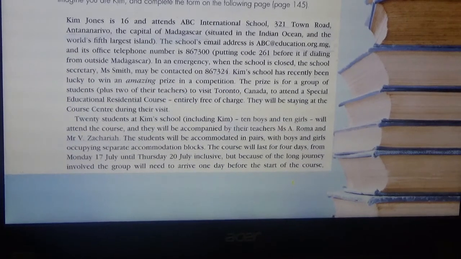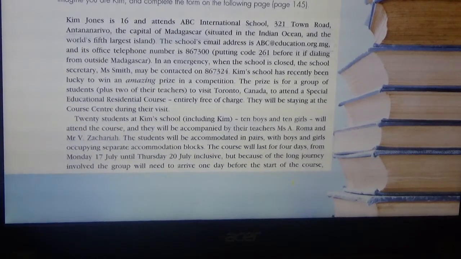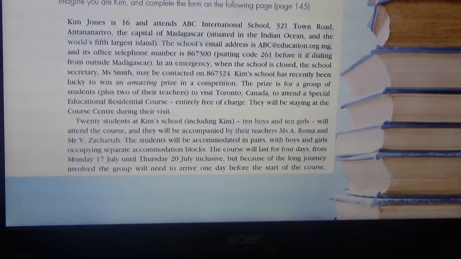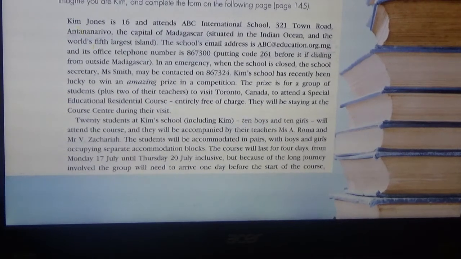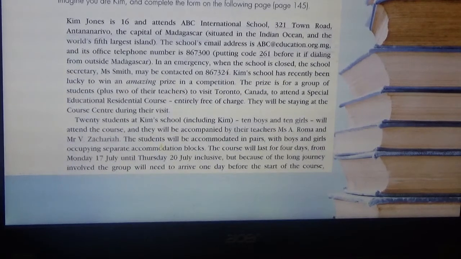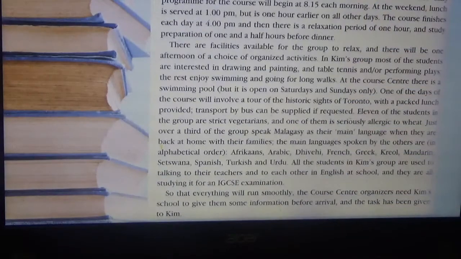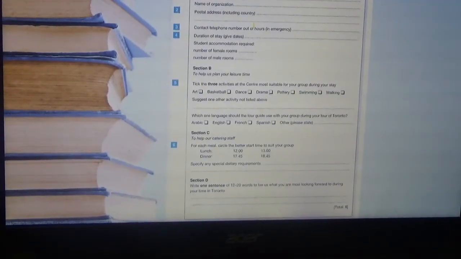Now, in answering the questions in exercise 3, you will be told to read the instructions also. Read the form, the passage carefully, or skim the passage and try to find the form and get the idea as to how to complete it.